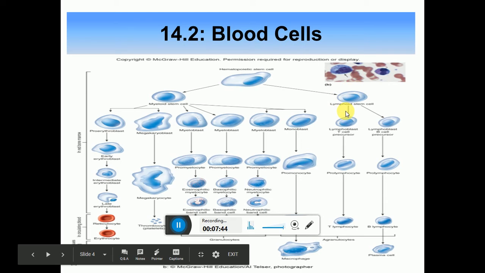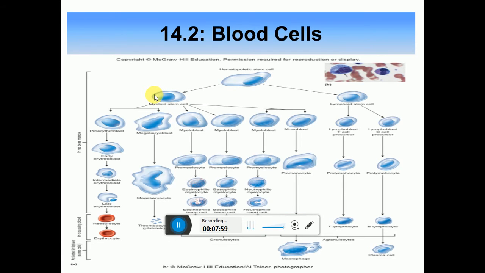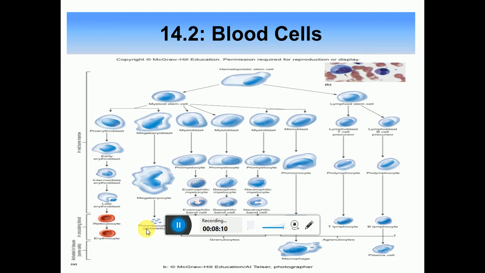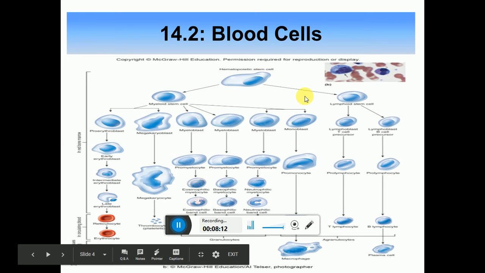You can tell from the name lymphoid stem cell that it gives the lymphocytes, and we have two kinds of lymphocytes, T and B. The myeloid stem cell will end up giving us the rest of the cells of blood: erythrocytes or red blood cells, thrombocytes or platelets, and all of the different kinds of white blood cells, except of course your T and B lymphocytes.